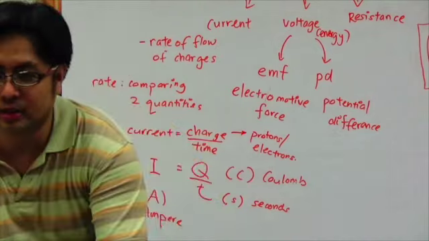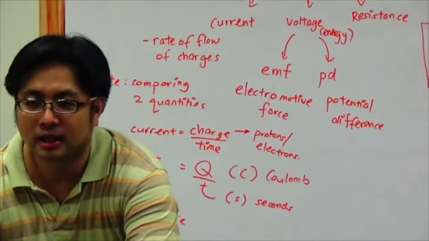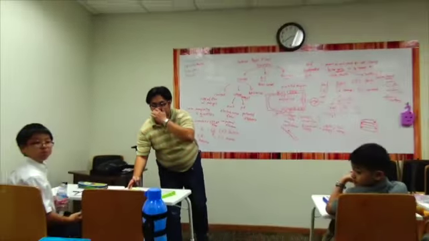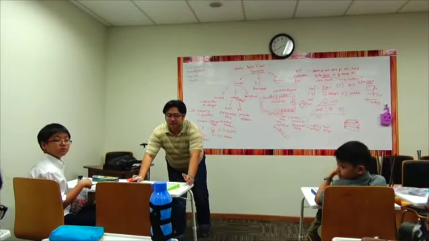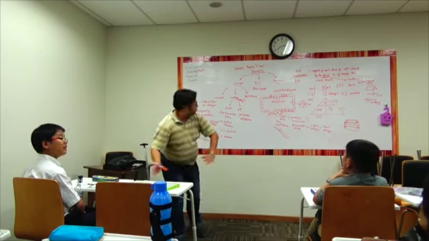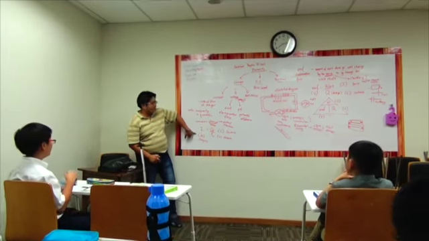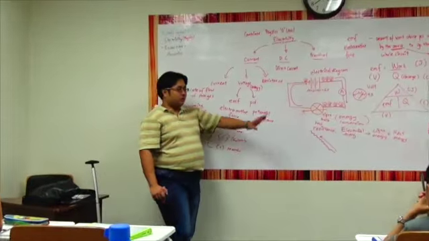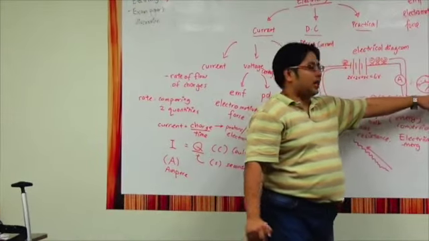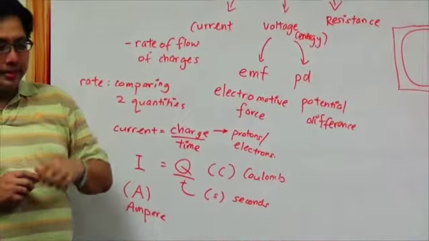What's the unit that you use to measure length? Then you have a ruler, right? Was there any unit mentioned there? Centimeter, correct. Meter also. So for current, they have their own unit. The moment you see the capital A, then you know they are talking about current. Was it okay?